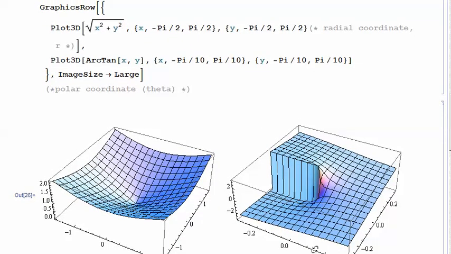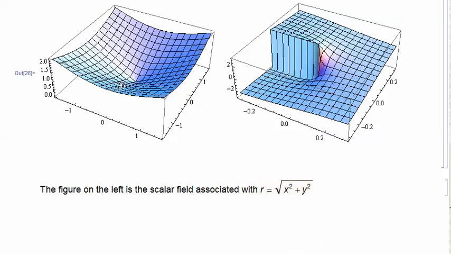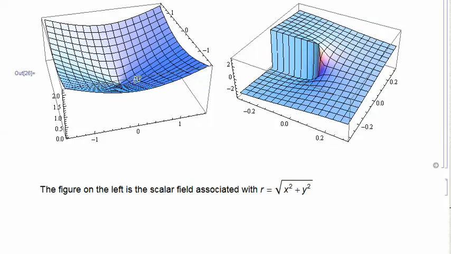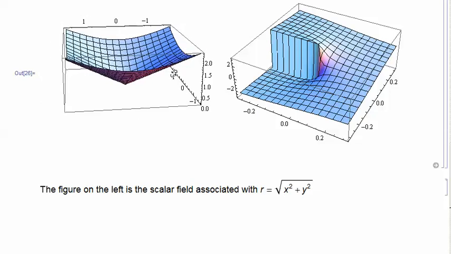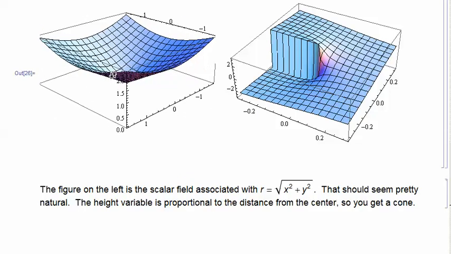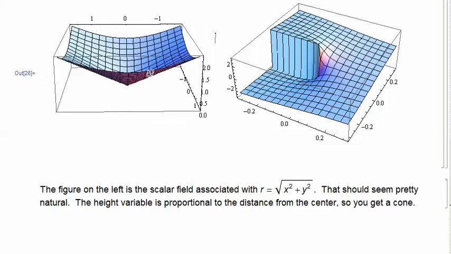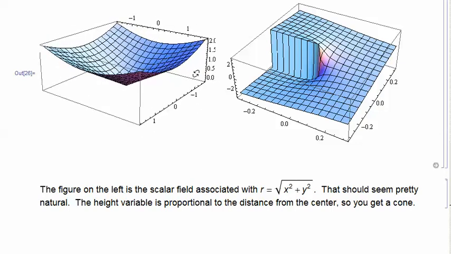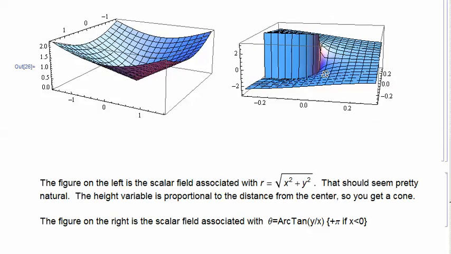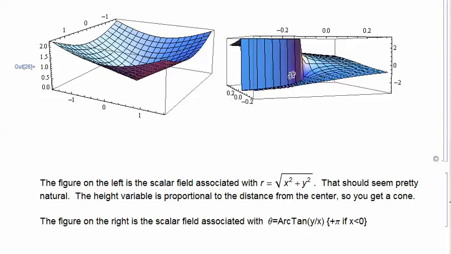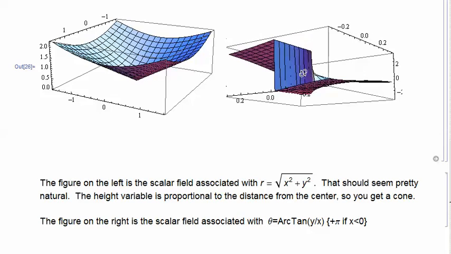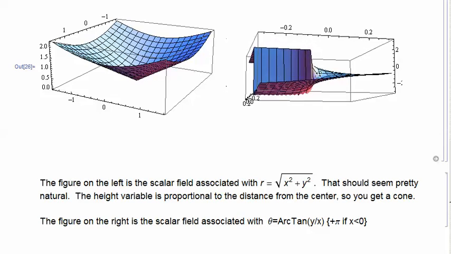Here they are. The figure on the left is the field associated with r equals square root of x squared plus y squared. That should seem pretty natural. The height variable is proportional to the distance from the center, so you get a cone. The figure on the right is what you would get associated with theta equals arctangent y over x plus pi if x is less than 0.